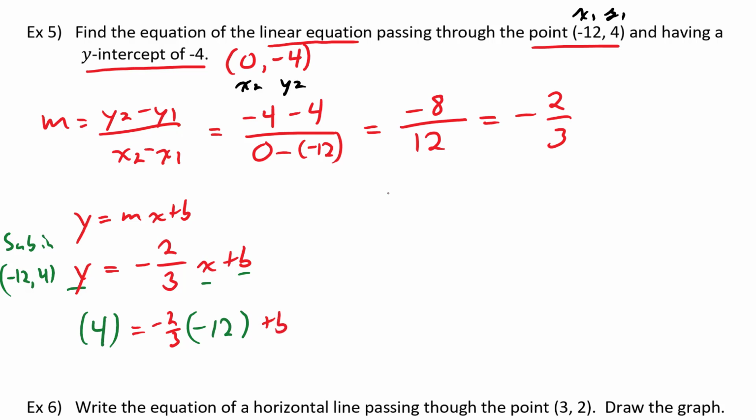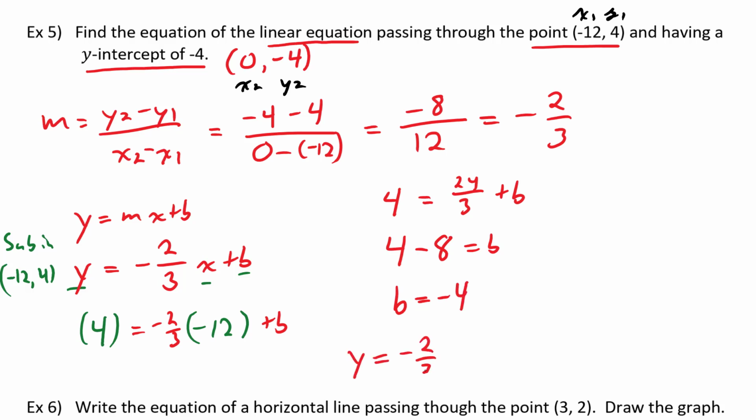And we solve this. 4 equals -2 times -12, which is +24, over 3, plus b. Swing that over to the other side, becomes -24 divided by 3, which is 8. b is equal to -4. So y equals -2/3x minus 4. Final answer.